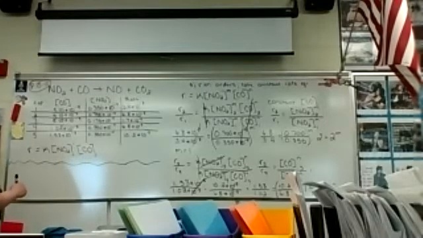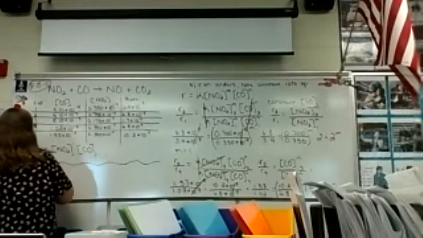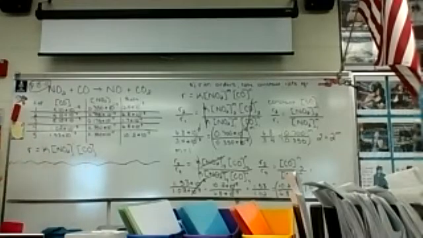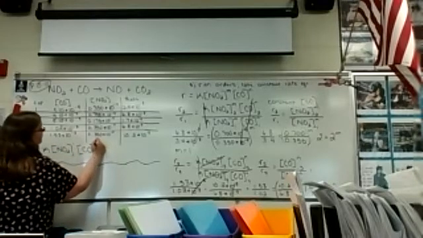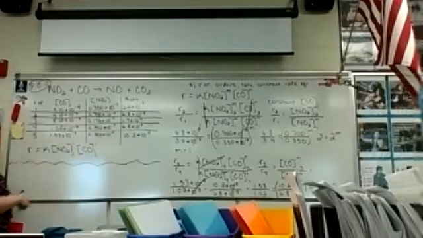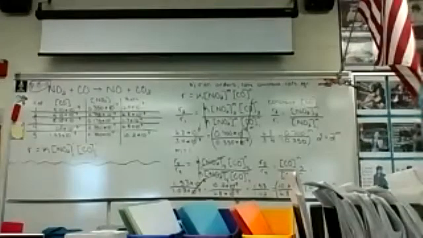So then our rate law is the rate is equal to the rate constant times the concentration of NO2 raised to the first times the concentration of CO raised to the first. So this is nothing different than what we did on Monday.